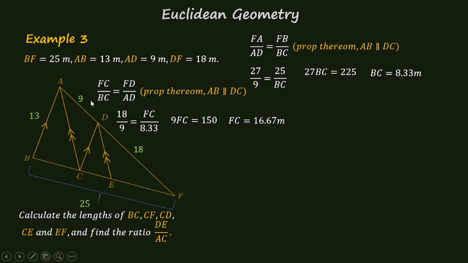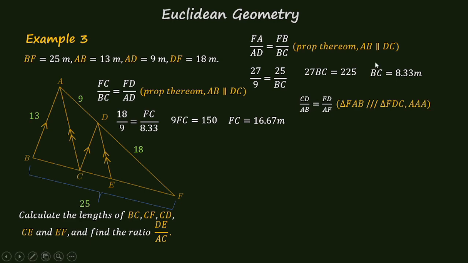Remember, we are dealing with triangle FAB and triangle FDC. So in this triangle, this one equals that one in that bigger triangle. And this angle C in triangle FDC will be equal to this B here in the bigger triangle, and F is common in both. So these two triangles are similar to each other because they are equiangular.